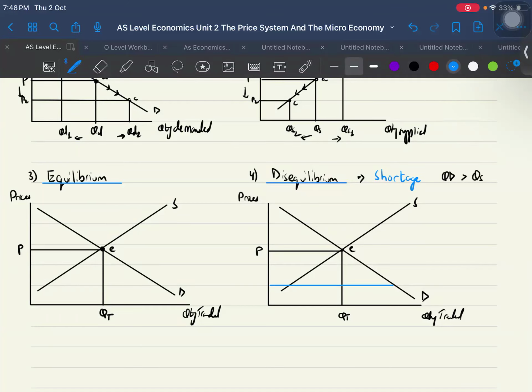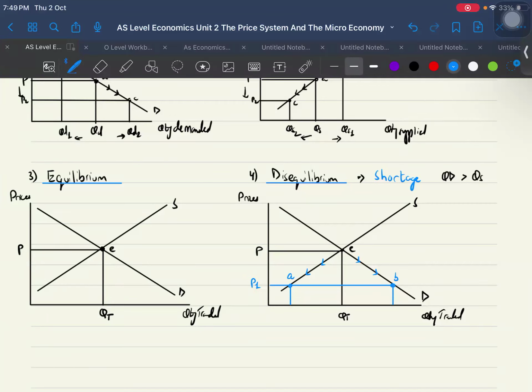When you reduce the price from P to P1, you face a disequilibrium, which I've drawn here. As you can see, the equilibrium is moving from point E to point A and point E to point B. Point A suggests the interaction of price and supply.